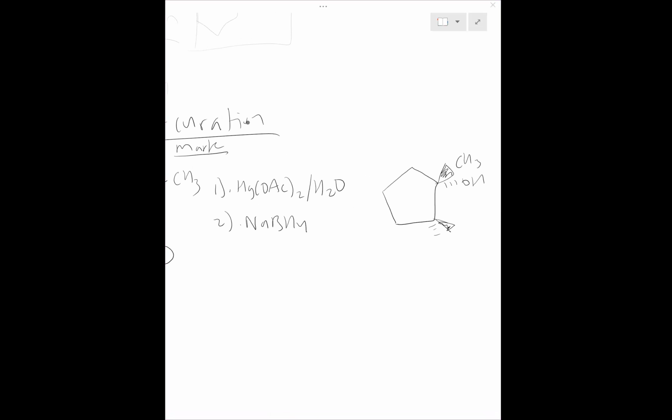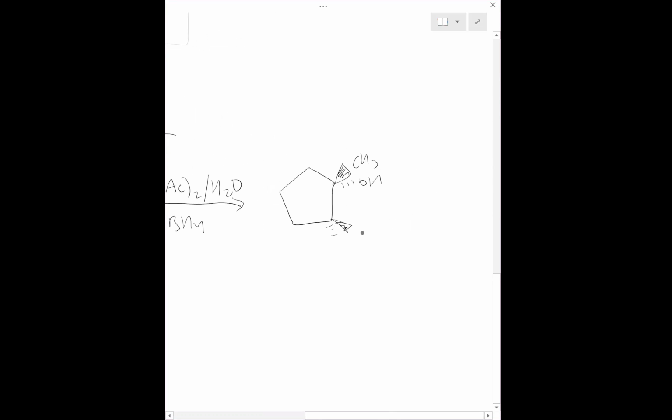Yes, correct, wedge. Which means that deuterium is on a dash. Deuterium is here to differentiate between hydrogen and deuterium, so you know what's coming on a wedge and what's coming on a dash.